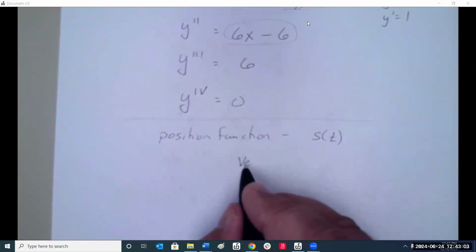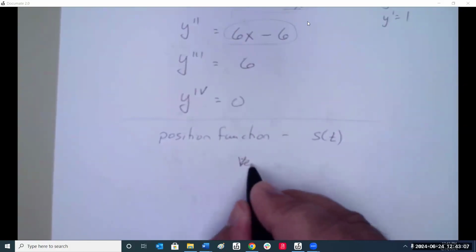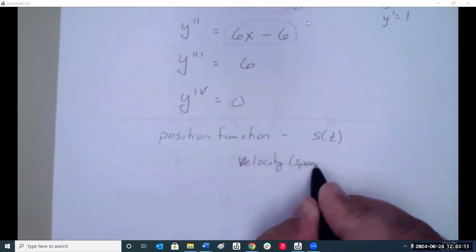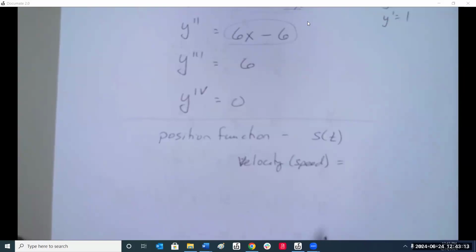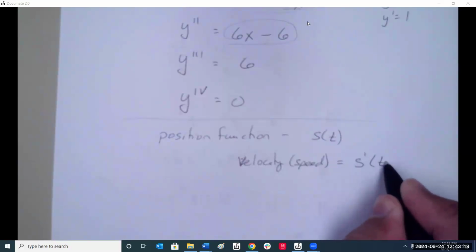Velocity, or what we refer to as speed, is the change of that position over time. So it's the first derivative of that.